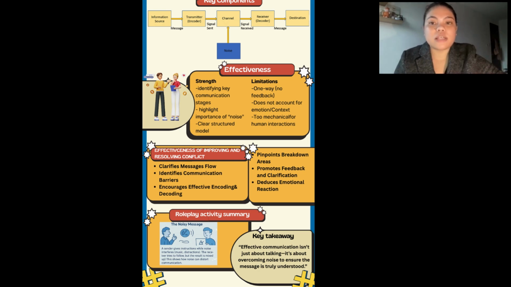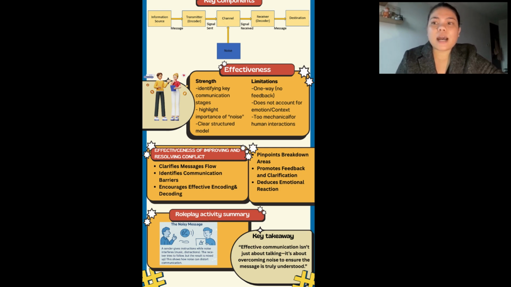Another major strength is that it introduces the concept of noise. Noise refers to anything that interferes with the message. This could be a background sound, a bad signal, or even just a misunderstanding. Including noise in the model helps us be more aware of communication barriers.